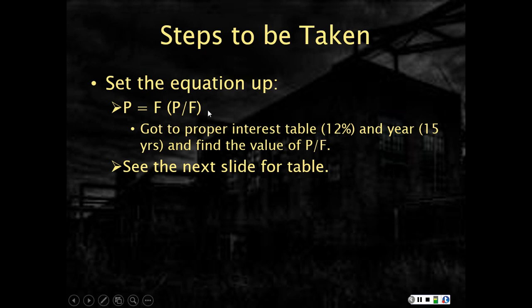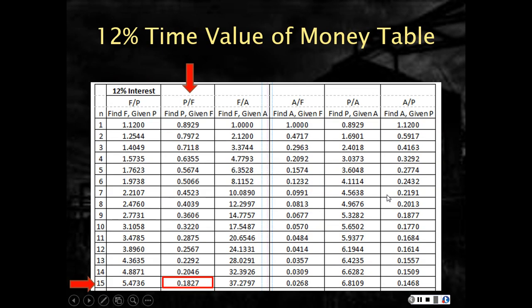So what I have to do to get this value, I have to go to the proper interest rate table, 12%. I have to pick the right number of years, and then I have to find the P over F value for this.